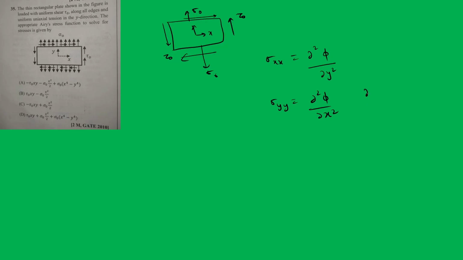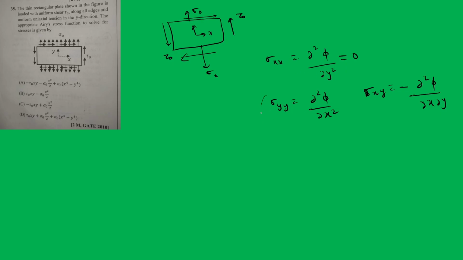And sigma xy is minus dou square phi by dou x dou y. This is how we represent the stress area function. Now you can see there is no sigma x, so this will definitely go to 0, so there is nothing.